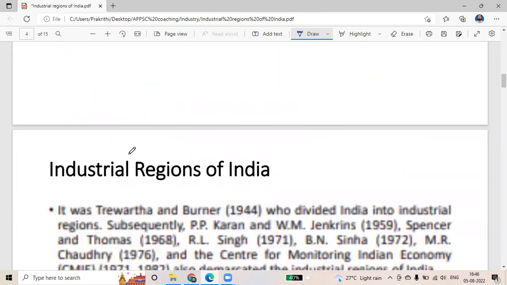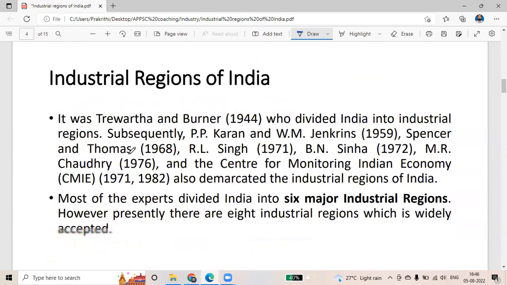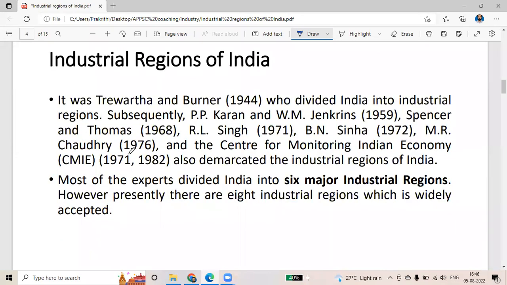Now we can move to the industrial regions of India. Many companies group together for getting some benefit when they come closer. Why an industrial region? Many scholars have tried to study this. The important ones are Trivartha, Berner, P.P. Kiran, M.M. Jerkins.